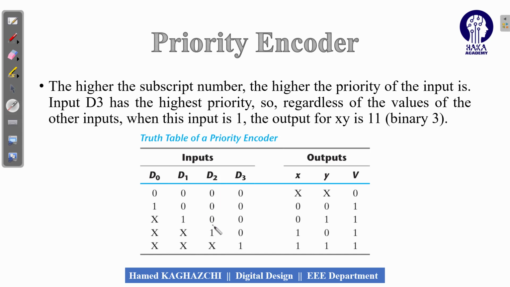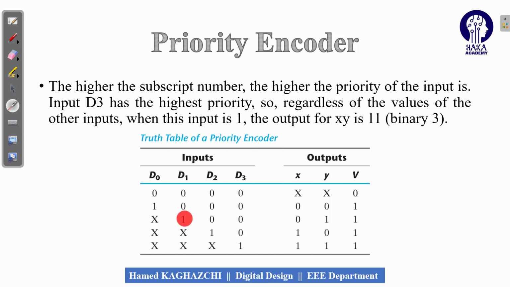Similarly, when D2 is 1, according to the concept of priority, D3 has to be equal to 0, and D1 and D0 are don't care. The priority encoder looks at the highest one, because D2 is 1, the output is 2.